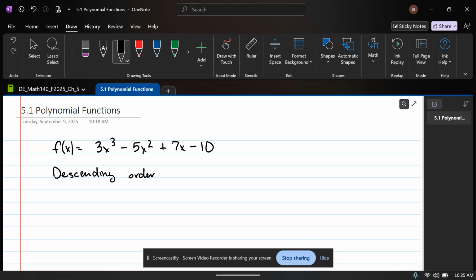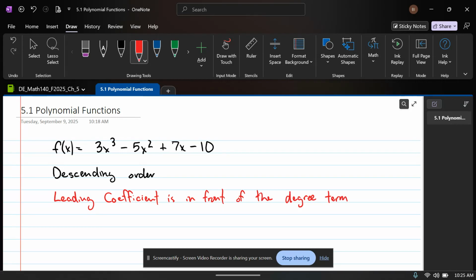The key thing is making sure it's in order so that your leading coefficient is in front of the degree term. So those are things that are right there on the top two boxes of your vocabulary sheet.